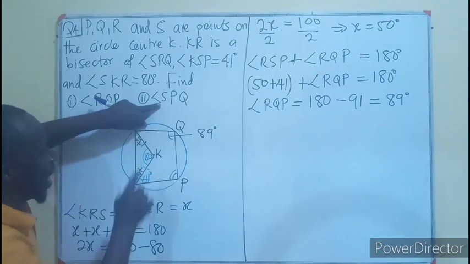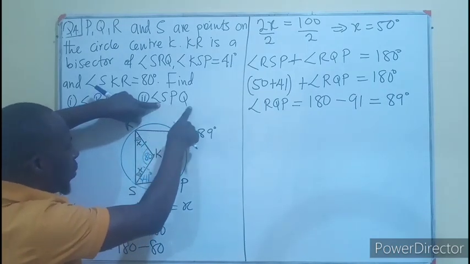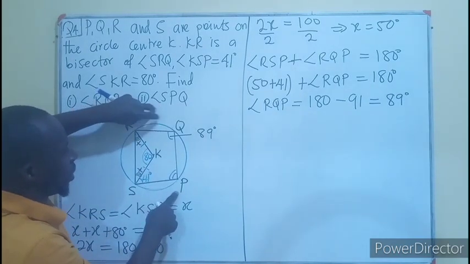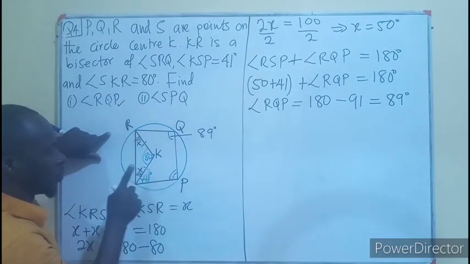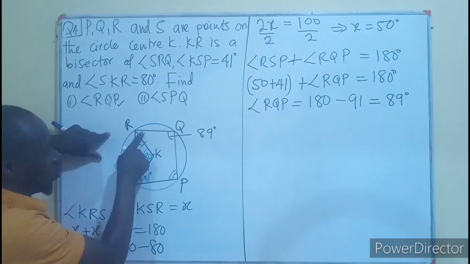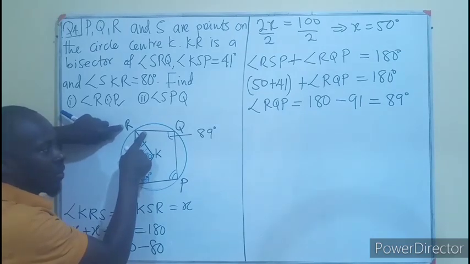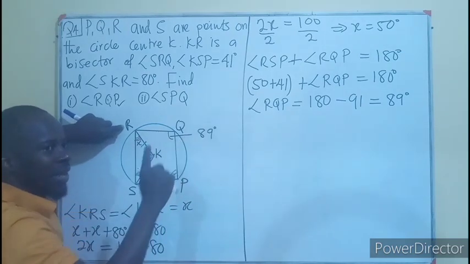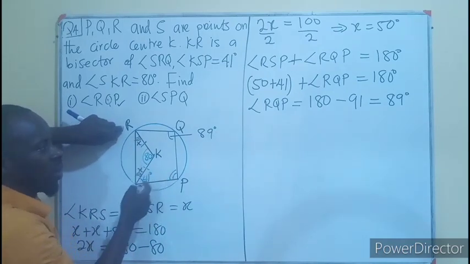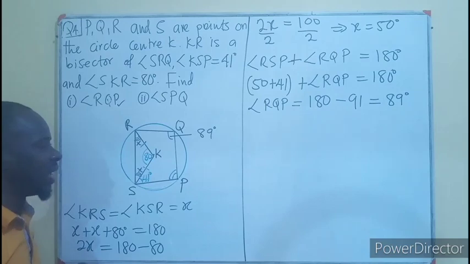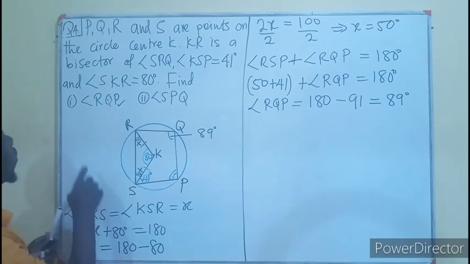Now we are looking for the angle SPQ. This very angle, added to the angle at R, gives us 180, the same property: the opposite angles of a cyclic quadrilateral add up to 180.